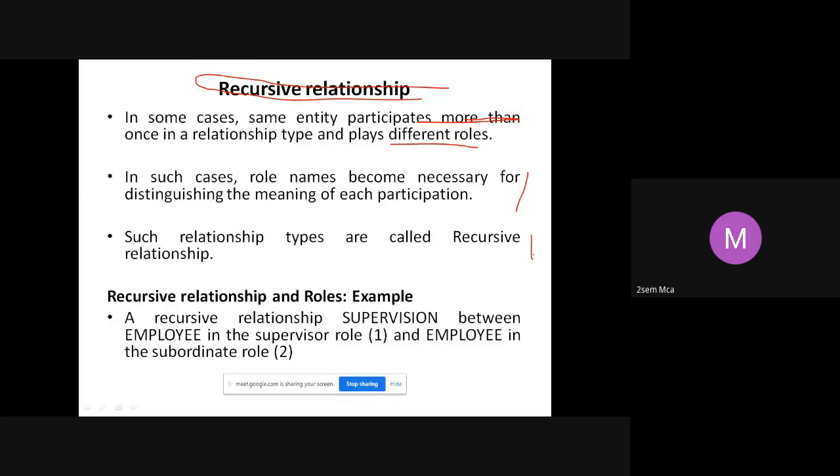I am a teacher, I am a student also. Such relationships, you call recursive relationship. There, specifying the role name becomes very important. Where am I representing the teacher's role and where am I representing a student's role? I can be both a teacher as well as a student.